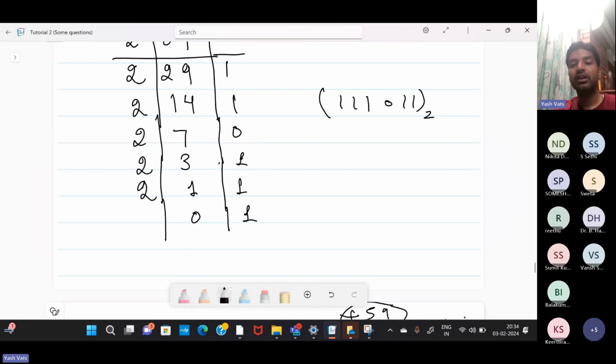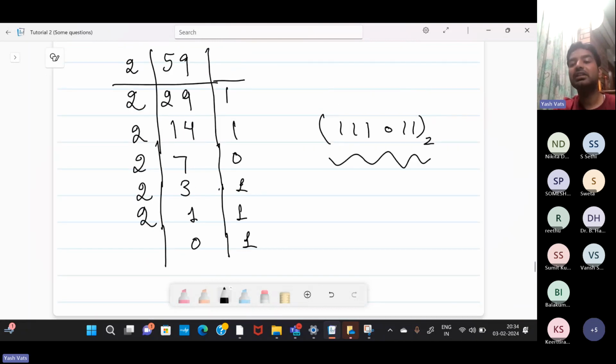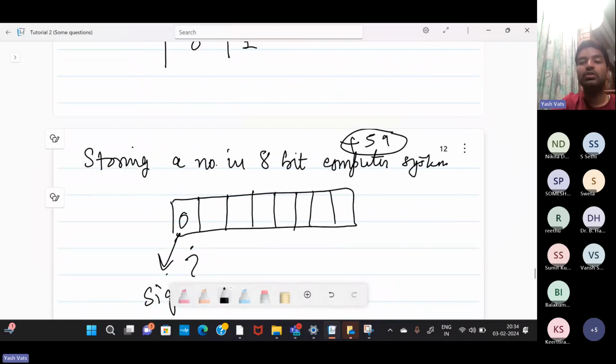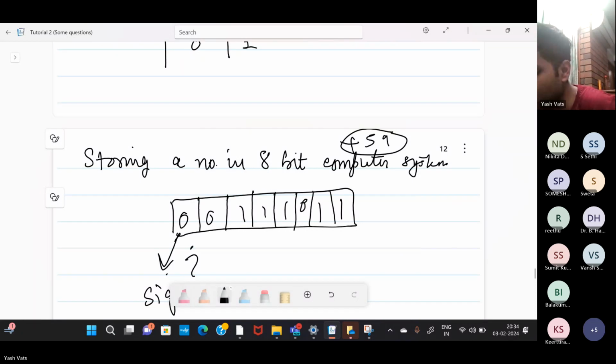Okay. Now this is the binary representation of 59. Just use this. So just start from the last point: 1 1 0 1 1 1, and fill the remaining terms with 0.